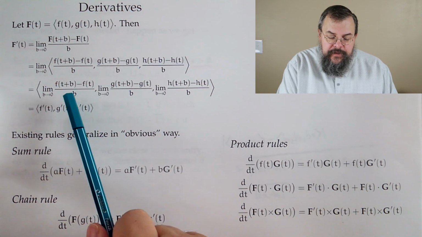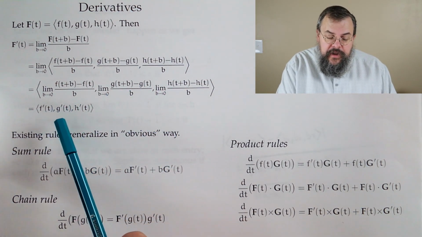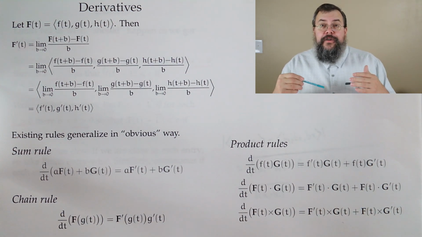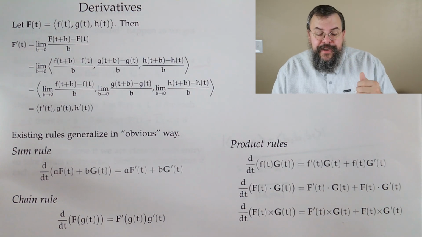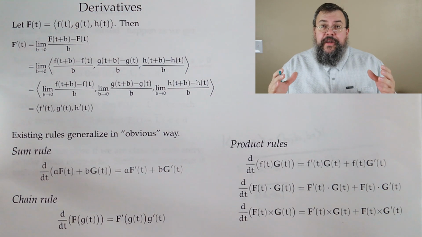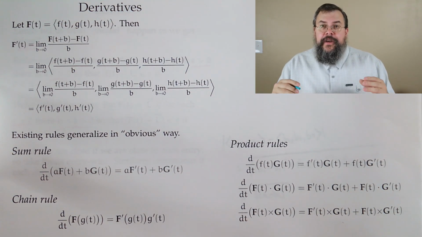These are single variable functions, and we know what these limits are. They're the individual derivatives. And therefore, when we're taking derivatives of vector valued functions, entry by entry, that's how we do it. Which means that our rules generalize in the right way. We say, look, since everything works entry by entry, then what we can do is apply all the old rules from before.